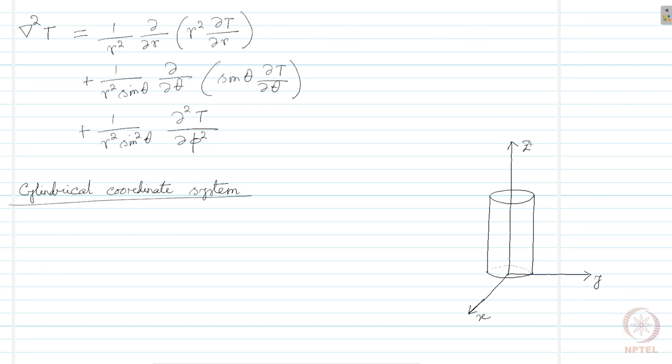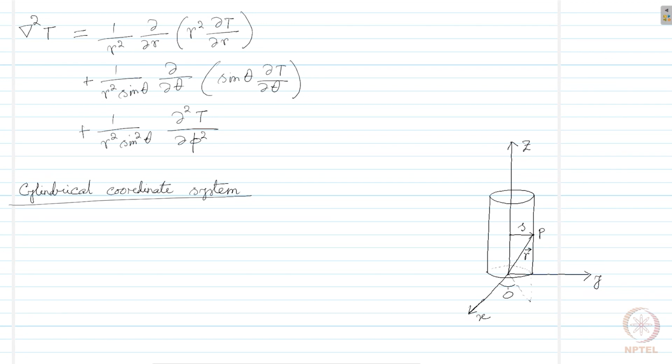From the z axis is very important here. From the z axis, if we consider a point P on the surface of the cylinder, the distance of that point P from the z axis, we will call that s, small s, and the position vector of that point P is given as R. If we project R onto the xy plane, say the projection comes somewhere here, then that projection makes an angle with the x axis.